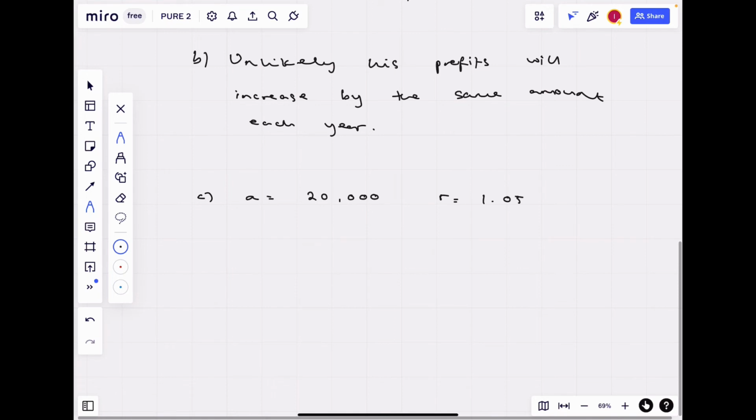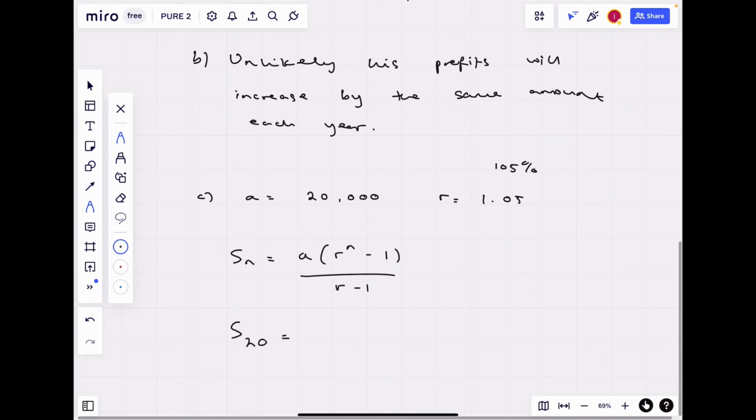Because essentially, every year he has 105% of what he had the previous year. Okay? Right. So, Sn equals a bracket r to the n minus 1 over r minus 1, because our r is greater than 1.